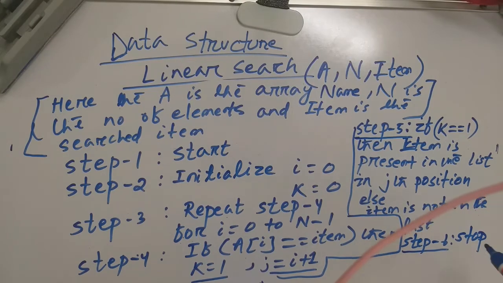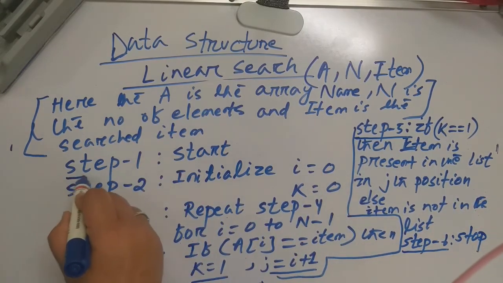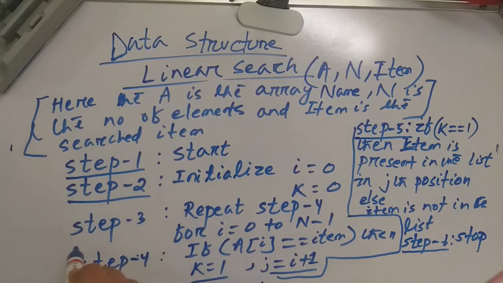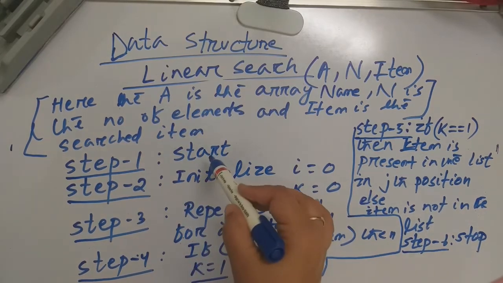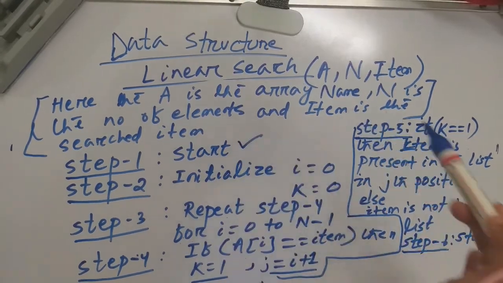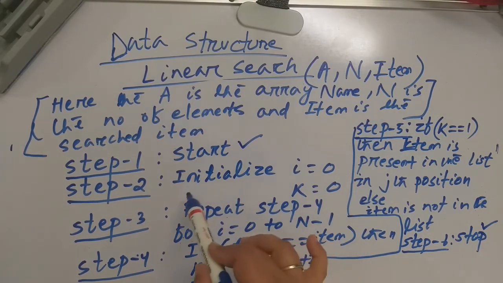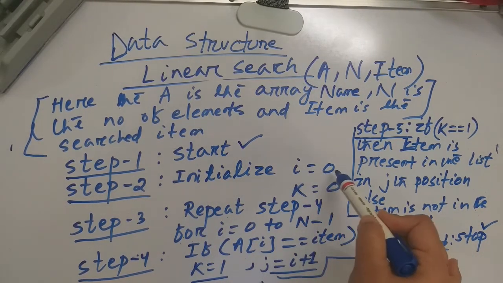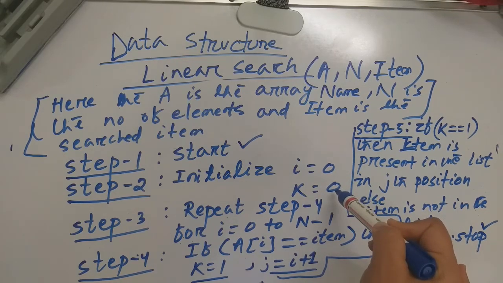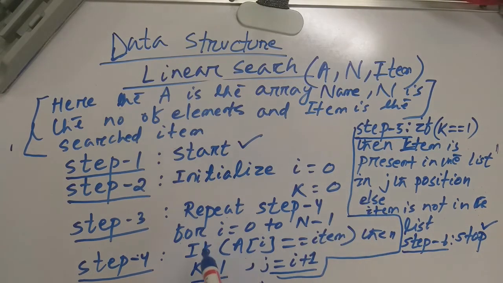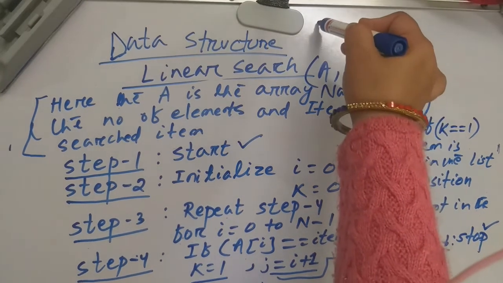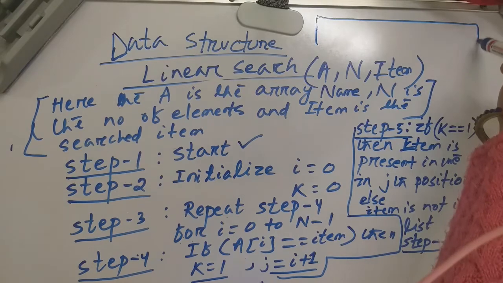Here I underline this because if we don't know the steps, it is not easy for us to write down the algorithm. So once again, look at this algorithm. In step 1 we start it, and in step 6 we stop it. We initialize the value of I equal to 0 and k equal to 0. Then repeat step 4 for I equal to 0 to n minus 1.